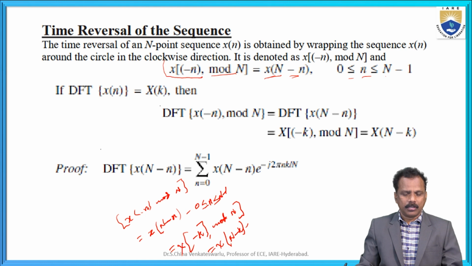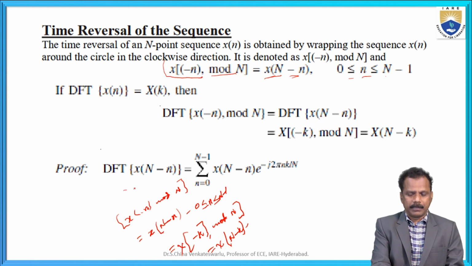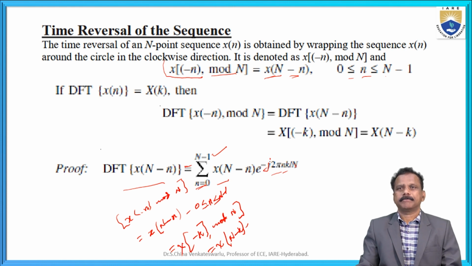To verify this, the proof is: the DFT of x(N - n) is equal to the summation from n equal to 0 to N - 1 of x(n) e to the power minus j 2 pi n k by capital N.